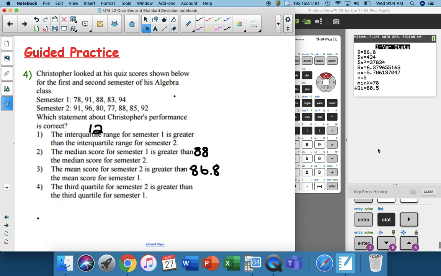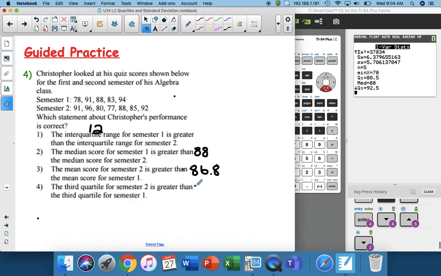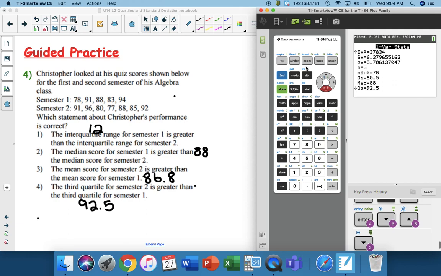And the third quartile for semester 1 is 92.5. We have to move this one down a little bit because that's semester 1. So we found all the numbers for semester 1.